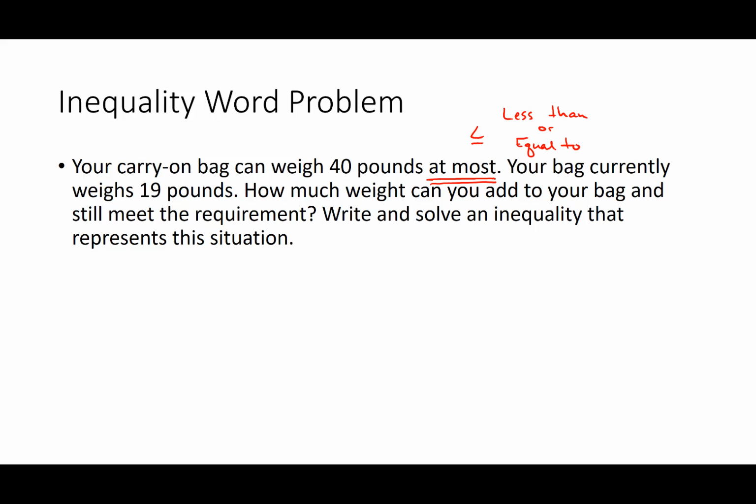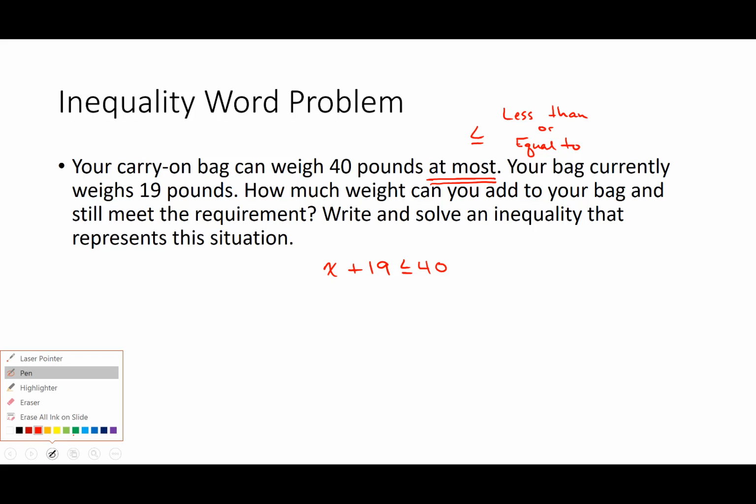And the reason it gets the equal to is because it can be 40 pounds. It can be exactly 40 pounds. It just can't go over. So to set this up, X plus 19, because we already have the 19 pounds in our bag, is less than or equal to the max amount of weight.